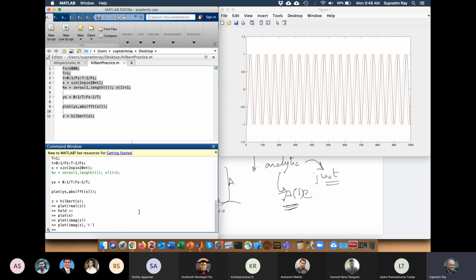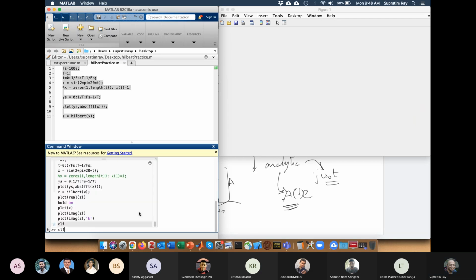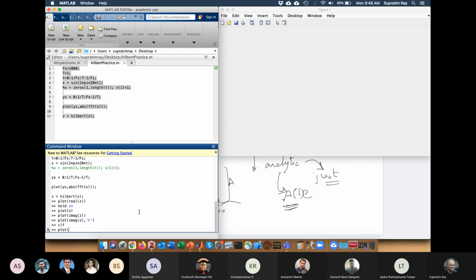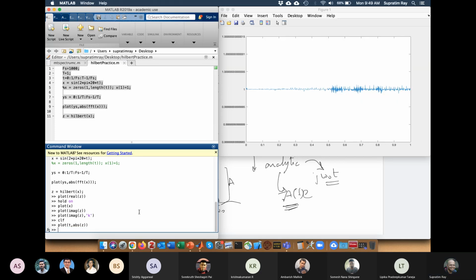If I ask what is the amplitude of Z, plot the abs of Z. What do you think it's going to be? It's a flat line.